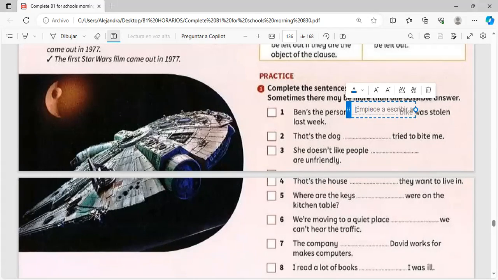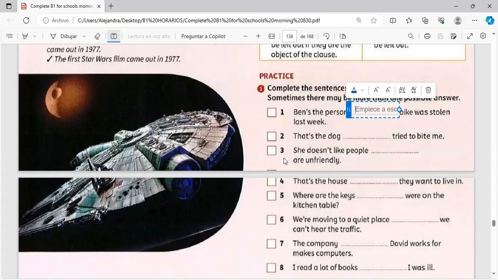Which word can I use? The bike. Which? No, remember, I'm not talking about the bike. I'm saying that the bike belongs to Ben.